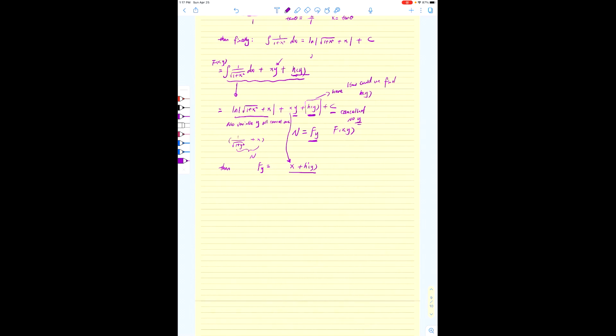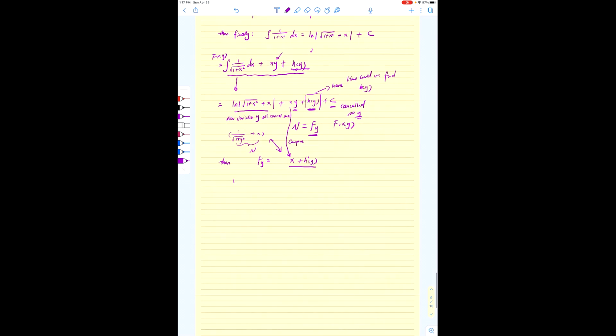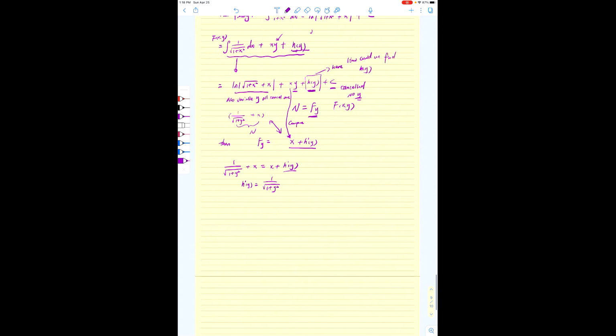Then we can compare these two functions. They must be equal because we only have one implicit function. Then we know that h'(y) is equal to 1 divided by the square root of 1 plus y squared.